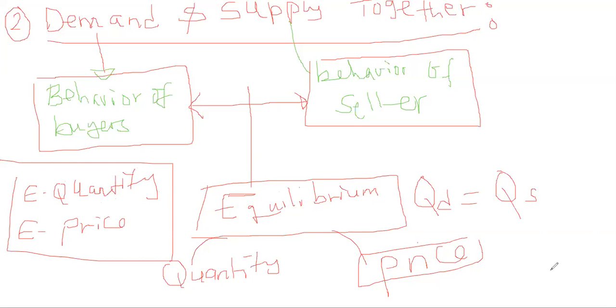Let's look at this graphically, or before even graphically, let's look at the schedule. Let's look at the demand schedule, because the graph always comes from the demand. Then let's look at the supply schedule here, which we have looked at before.